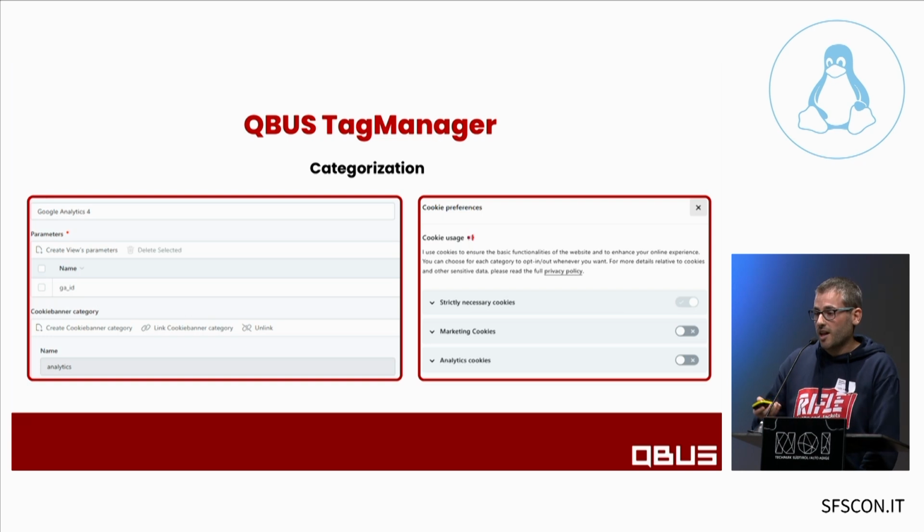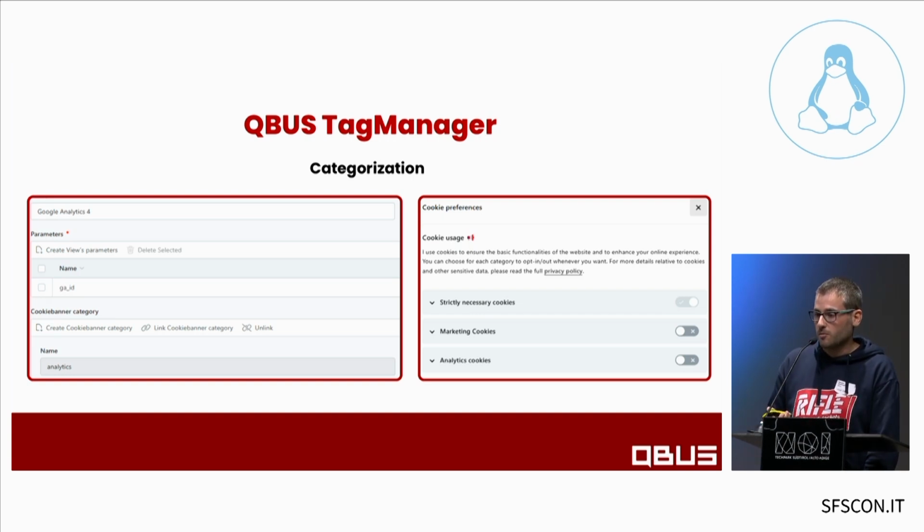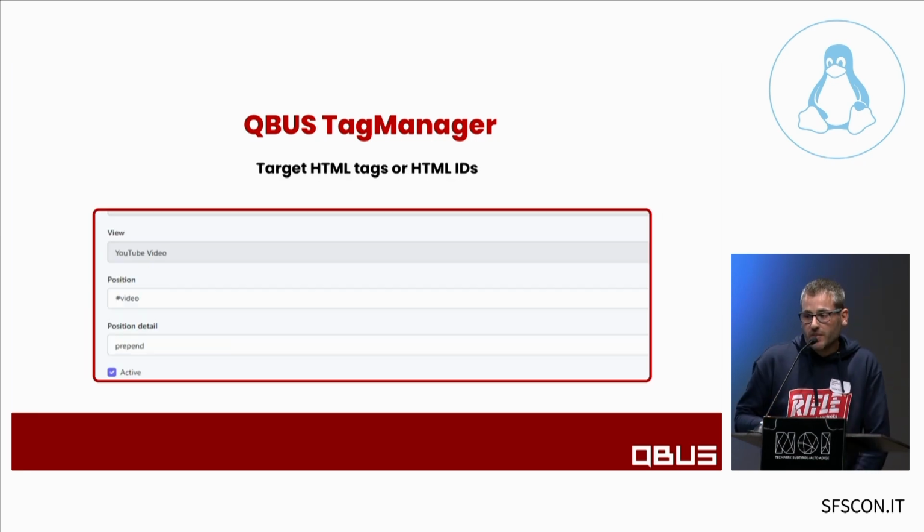This will help the end users decide which script to accept or block. In this case, the analytics category is reflected directly in the cookie banner here. Another cool feature that we added is that not only can you inject scripts, but you can also inject simple content.